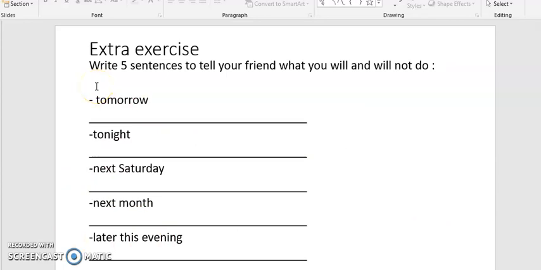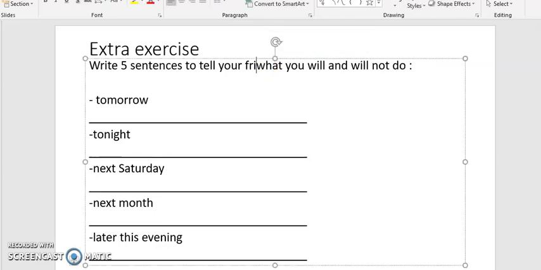So here is the extra exercise for you. I want you to write 5 sentences about what you will do and what you will not do.